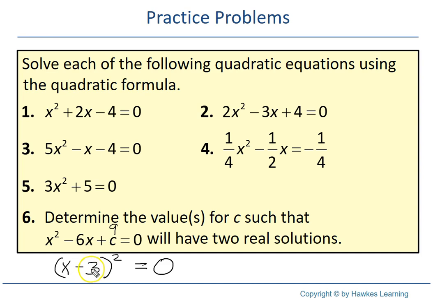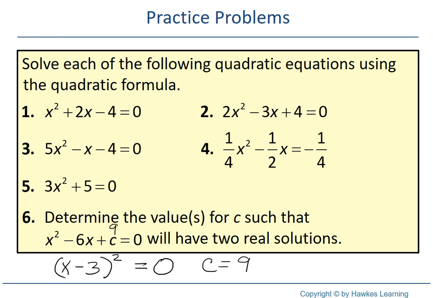When we square the -3, this gives us a 9. So our c here will be a 9. Now that's not the answer, but when we do it, we're going to find that if we put a 9 where the c is, then we get one real solution.